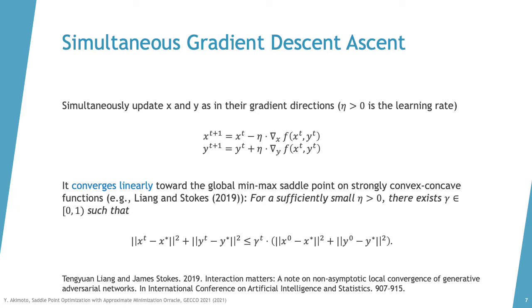This type of approach has been recently popularized by the success of generative adversarial networks, and its convergence properties have been theoretically investigated. For example, on strongly convex-concave functions, where f is strongly convex in x and strongly concave in y, it has been shown that the simultaneous gradient descent ascent converges linearly towards a global optimal solution if the learning rate is sufficiently small.